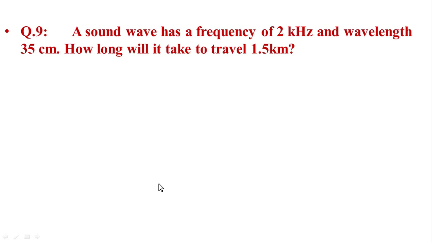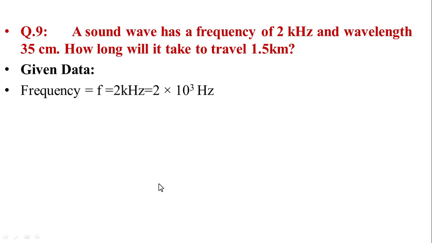Now, in the last numerical, a sound wave has a frequency of 2 kilohertz and a wavelength of 35 centimeter. How long will it take to travel 1.5 kilometer? First of all, write the given data.